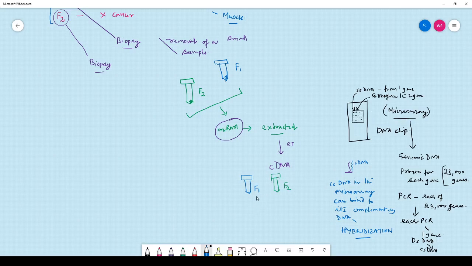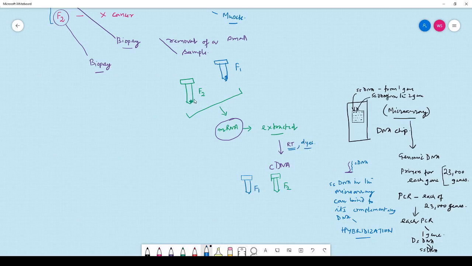Okay, so here what we have done is we have taken the cDNA from F1 and F2, and our idea is we want to introduce it into a microarray. So what was the process that we did? We used reverse transcriptase to convert messenger RNA to cDNA. And we will also be adding dyes.